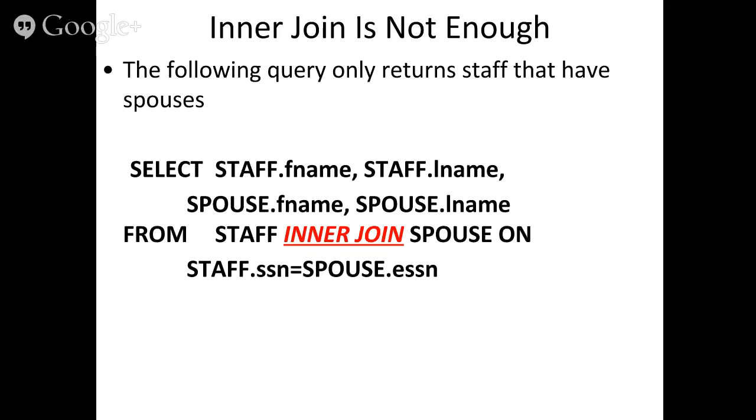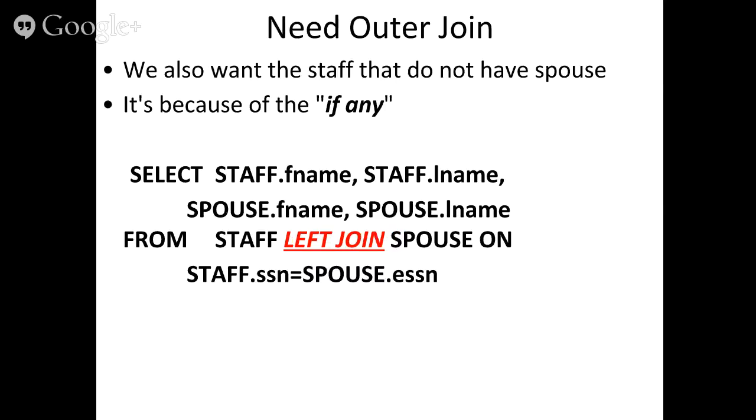If they match, I want them. But this is only going to return those staff members that are married. It's going to ignore all the staff members that are not married, that don't have a spouse. So that doesn't work. It has to be either a left join or a right join, depending on where I have the staff and where I have the spouse. So it says I want the staff, even if they don't match, I want them as well.